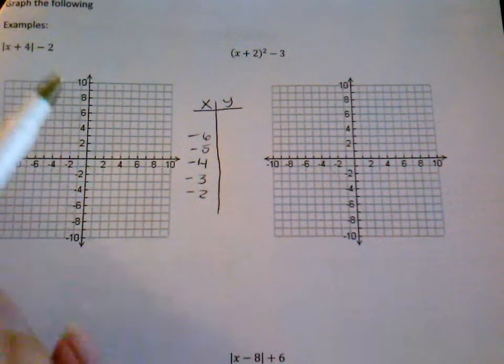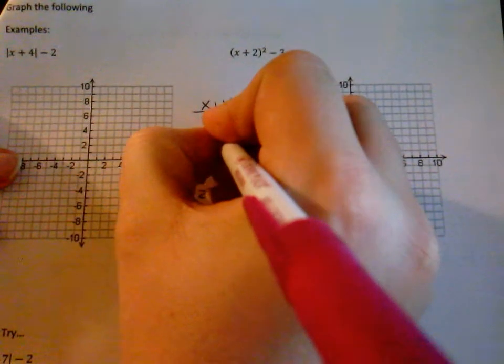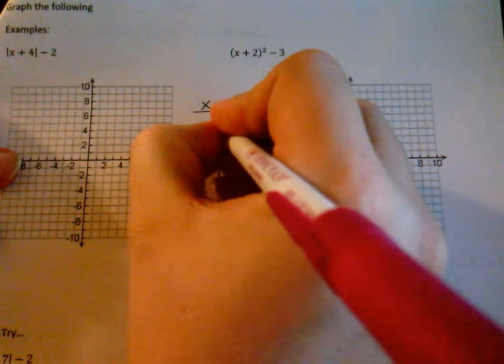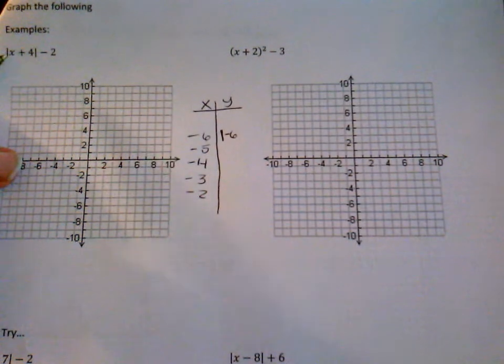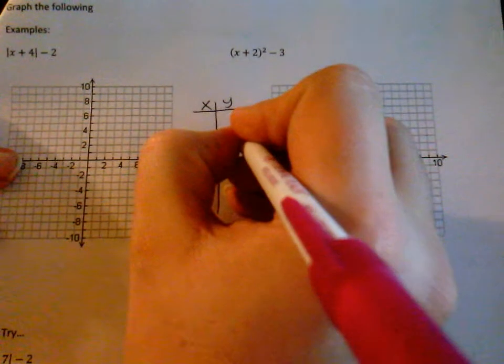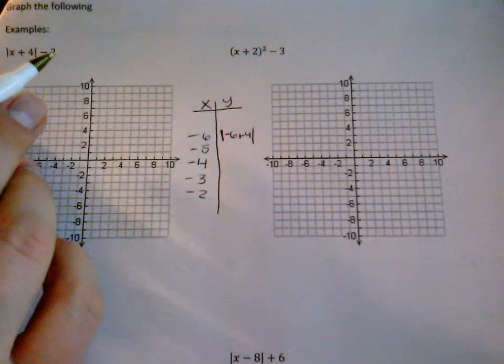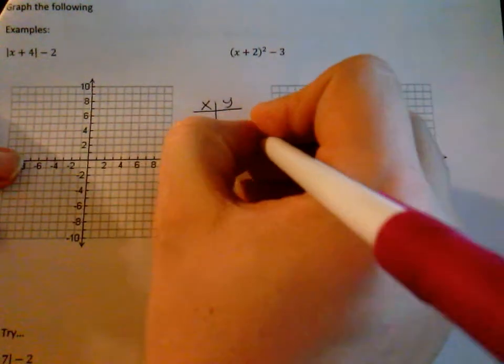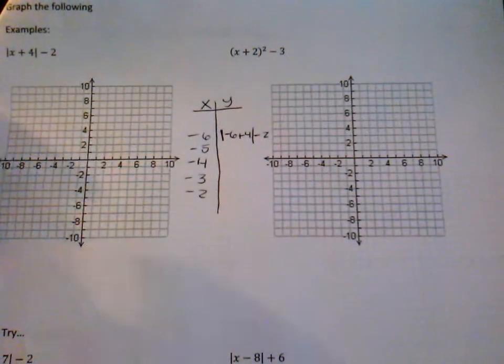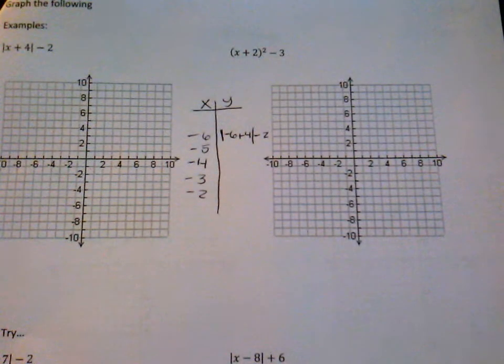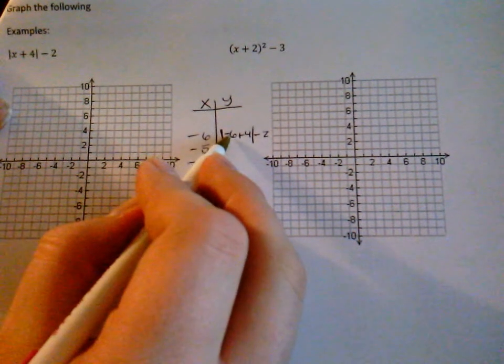Okay? So it's going to start with negative 6. So we're going to replace the x with negative 6 plus 4 minus 2. Okay? So when we do this, this is going to be negative 6 plus 4.